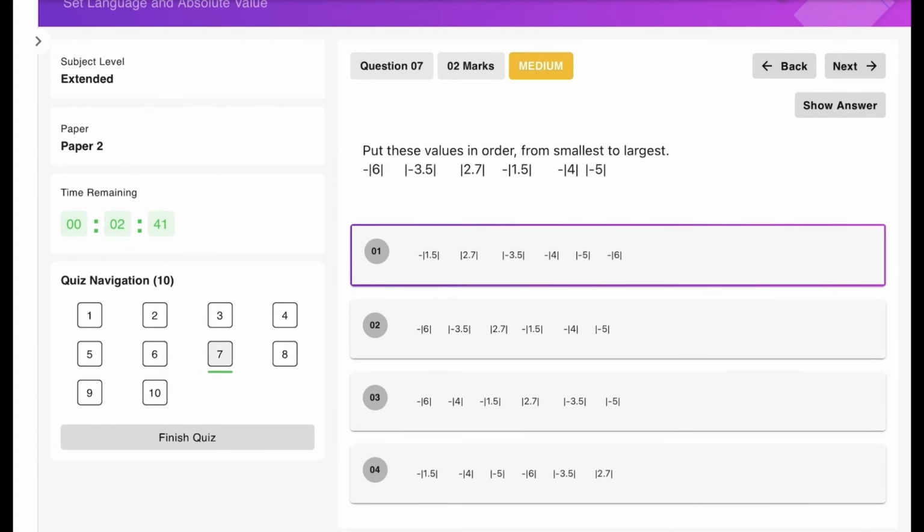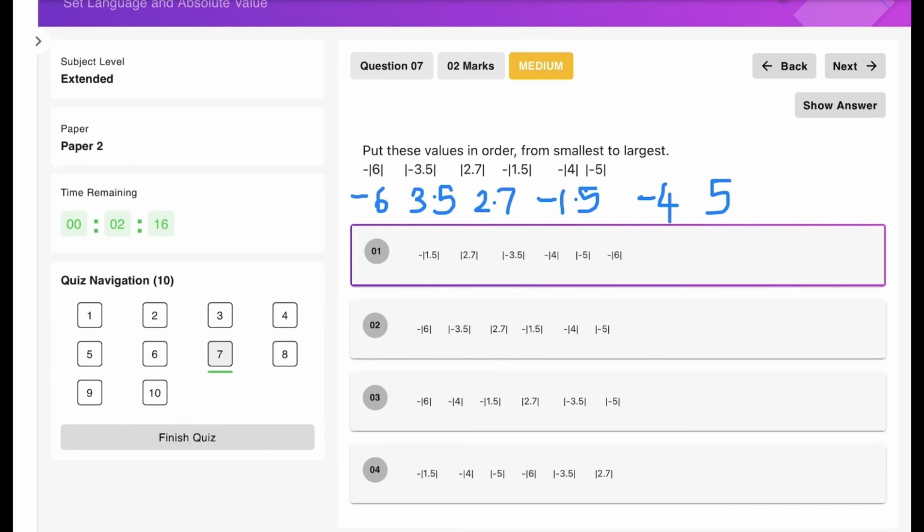Moving on, put these values in order from smallest to largest, okay? So the first one basically simplifies to negative 6. The second one simplifies to 3.5. The third one to 2.7. The fourth one to negative 1.5. The fifth one goes to negative 4. And the sixth one goes to 5.